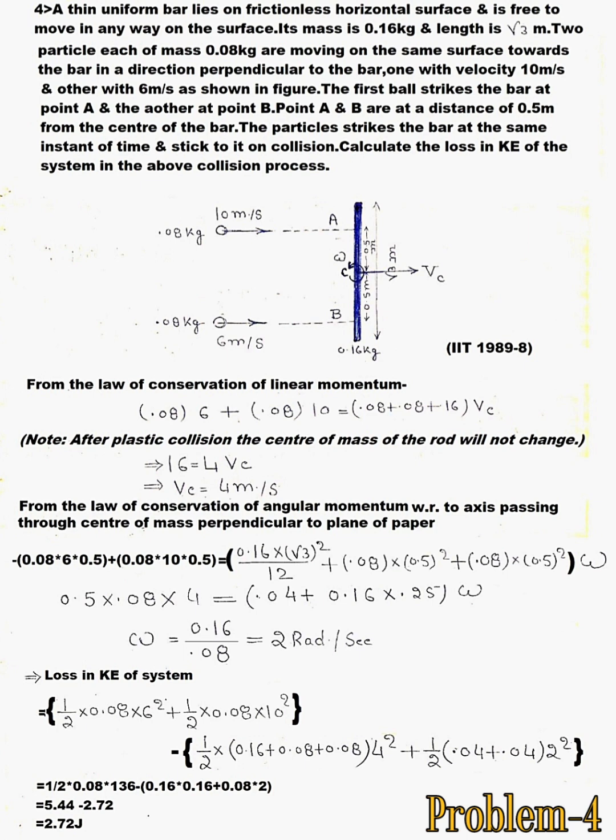But once we consider rod and bead as a single system, the torques produced are all internal torques. That's why the angular momentum of the whole system will remain conserved. Applying law of conservation of angular momentum, we get the final angular speed of the system as 2 radian per second, and hence we can calculate the loss in kinetic energy of the whole system.